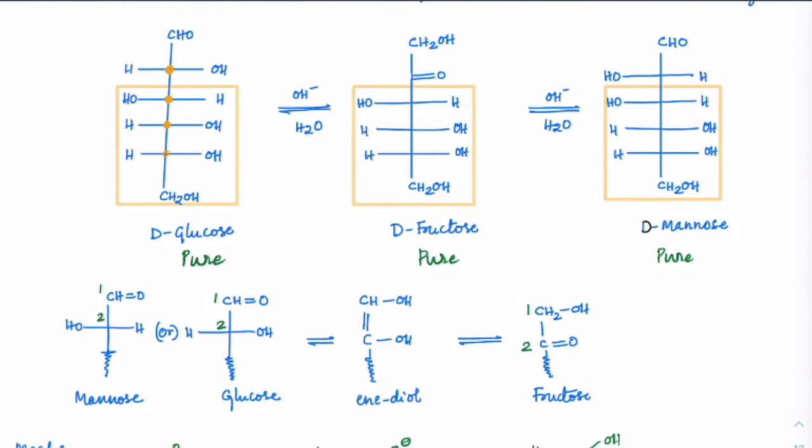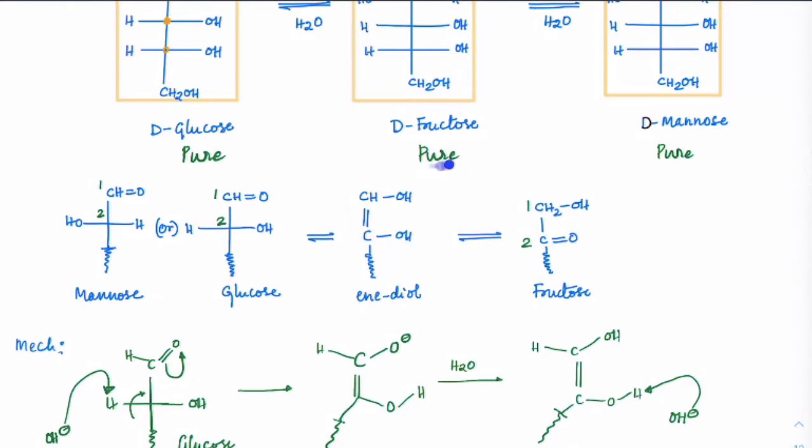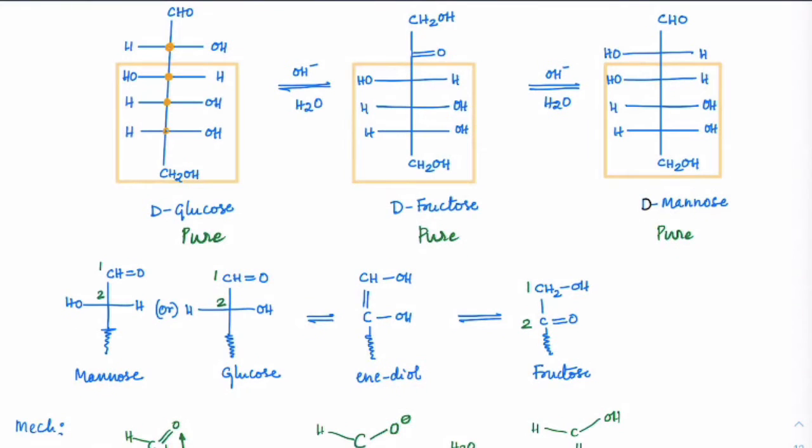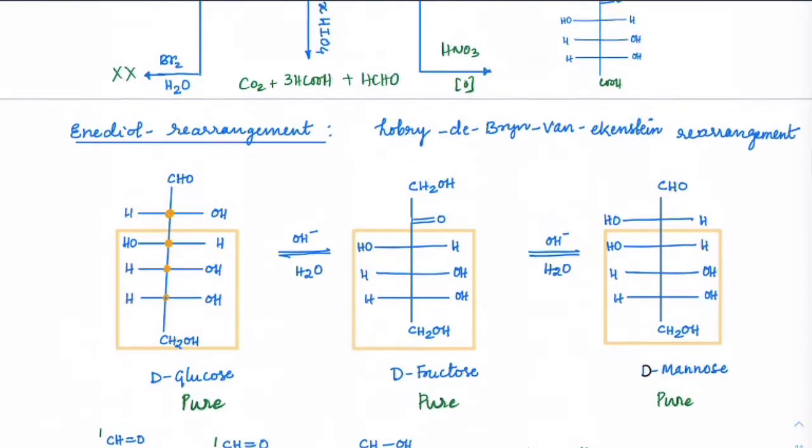Which means, suppose if I take 100% of fructose in acidic medium, I may see hardly 1 or 0.1 percent of glucose, very little glucose. The majority will still exist as fructose. But if I take it in basic medium, almost all of these three can exist in a very significant amount. Is this clear, everyone? I guess all of you understood that.